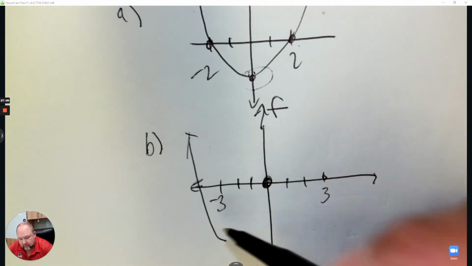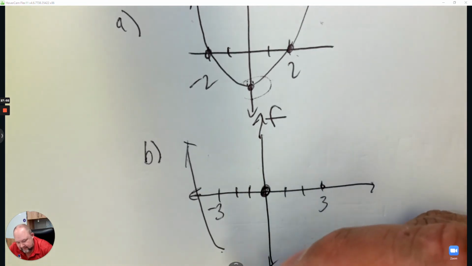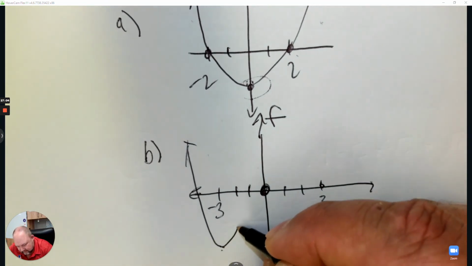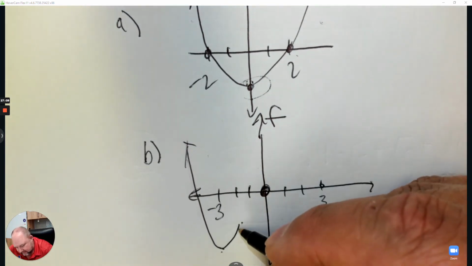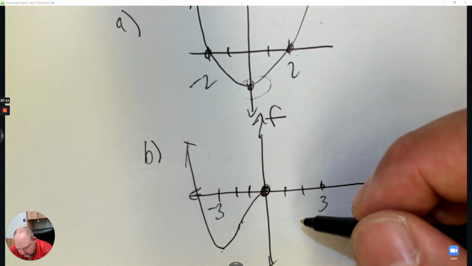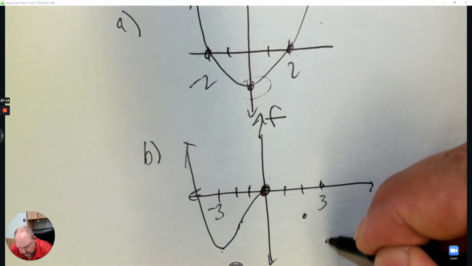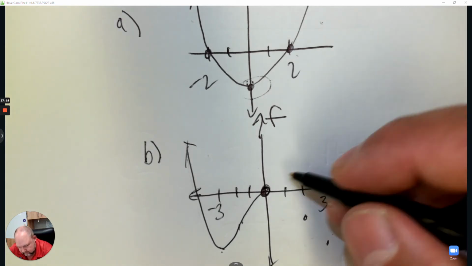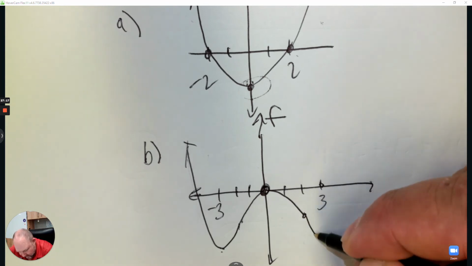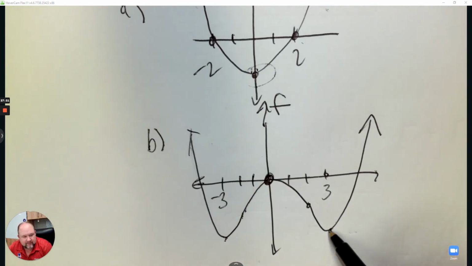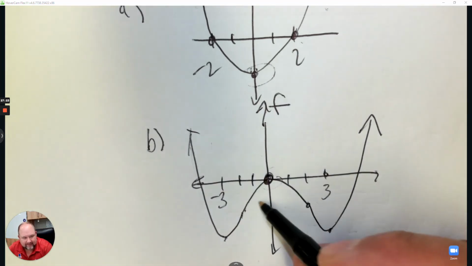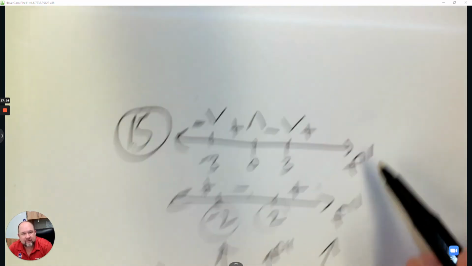All right, so it decreases and then it increases. Now, it's concave up and then it's concave down. And then it's concave up.